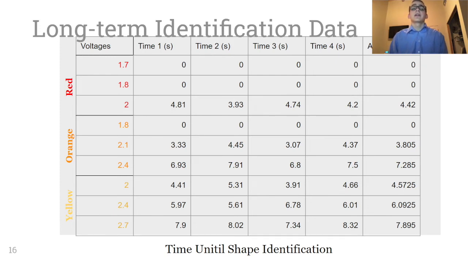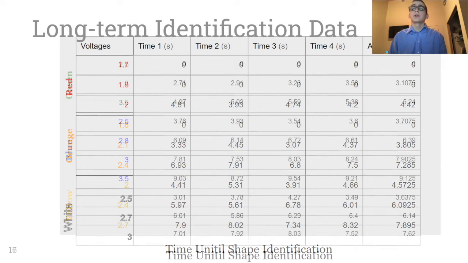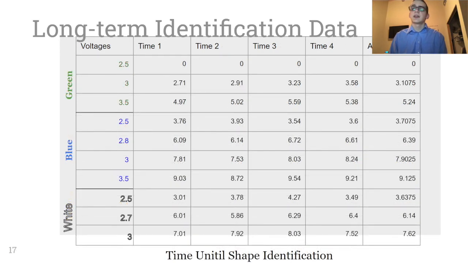For orange, I had the same thing happen for 1.8 volts where I wasn't able to tell a difference in terms of lighting, so that again was counted as a 0. For the other 2 oranges though, they did have times of 3.8 and 7.3 seconds-ish. Yellow, however, didn't have any of those 0 seconds, and all of them had times ranging from 4.6 to 7.9 seconds. Green, similarly to the red and orange, again had its lowest voltage where there wasn't much of a difference, so it was recorded as a 0.